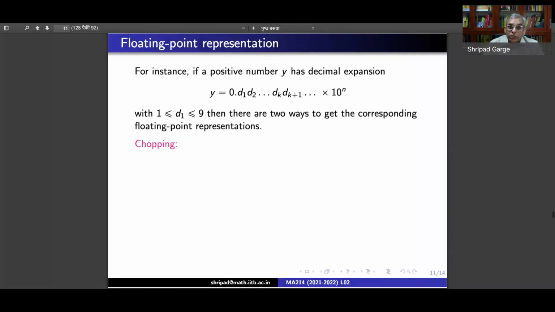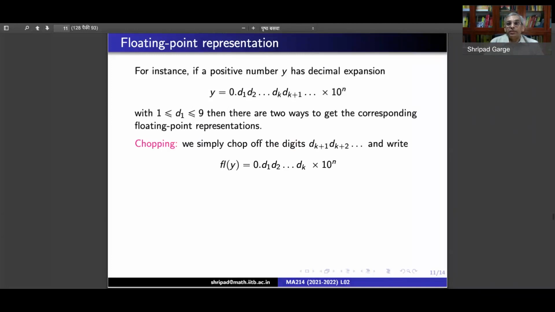You could either chop the digits from dk plus 1, dk plus 2, and so on. You just ignore them completely and write your floating point. This is called a floating point representation for y. So your fl(y) will then be 0.d1 d2 ... dk times 10 power n. The 10 power n stays as it is, and the only change is that dk plus 1 onwards are simply ignored. We just don't take them into account.